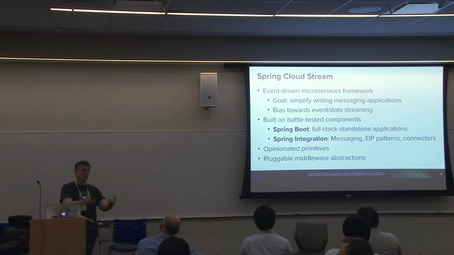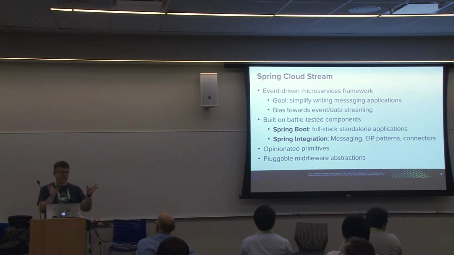Your programming model is not biased towards a specific messaging middleware such as Rabbit or Kafka. You just think in terms of, I receive a message and I have to process it, and then you delegate to the framework the work of actually connecting it to that. It's built basically on components that have a very deep history, like Spring Boot, in particular Spring Integration.